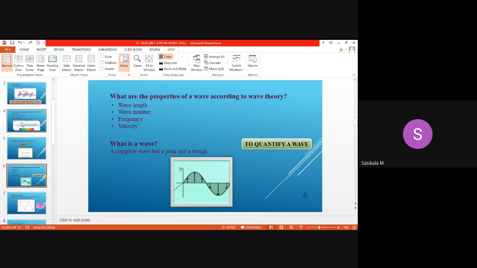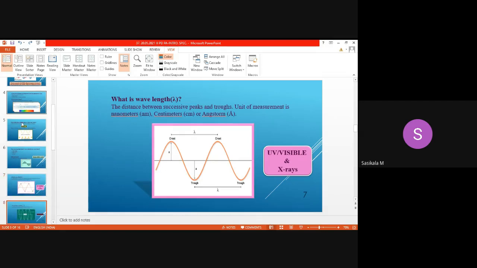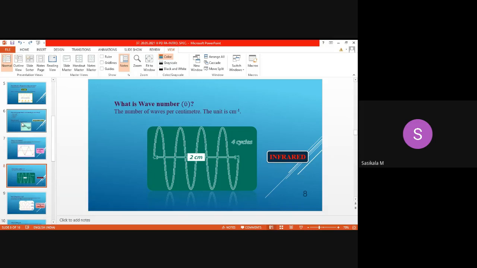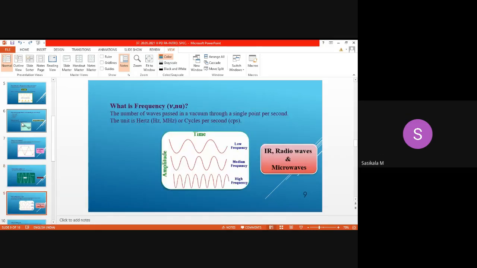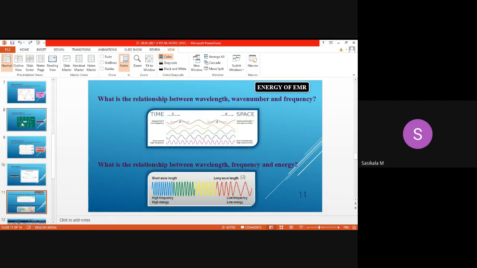Then we have seen the four characteristics of a wave according to wave theory: what the wave is, what wavelength is and which type of spectroscopic analysis uses it, what wave number is and what radiation is measured with it, what frequency is and what radiations are characterized with it, and what velocity is and what components it has. Then the relationship between wavelength and the other parameters, wave number, frequency and energy.